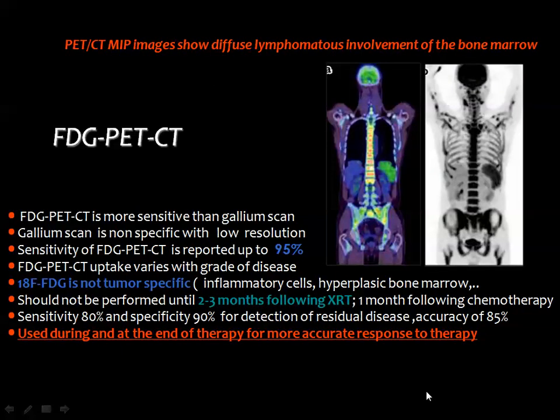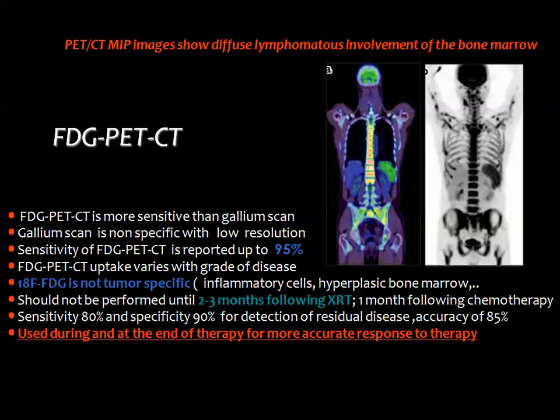And the issue of PET-CT in the evaluation of bone malignancies is somewhat debated. The literature considered PET-CT more sensitive, of course, than gallium scan. It is sensitive but non-specific, since many other lesions like inflammatory diseases and hyperplastic bone marrow lesions will show increased metabolic activity.